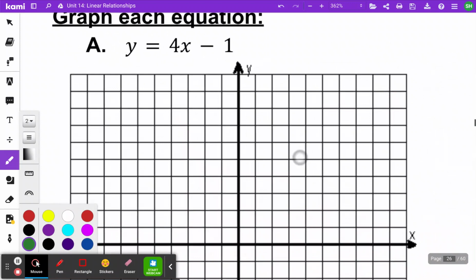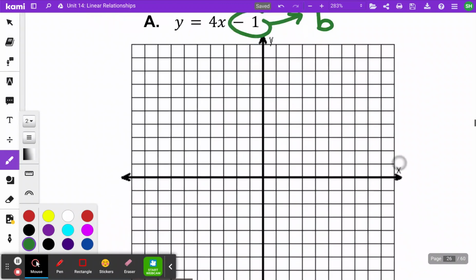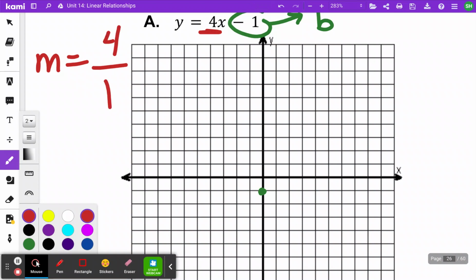So what you'll notice is that we have negative 1 as our y-intercept, as our b value. We can begin there, b for begin. So we're going to go ahead and start on the y-axis at negative 1. From there, we can start using the m value of 4 that we see in front of x. As a fraction, that's 4 over 1.